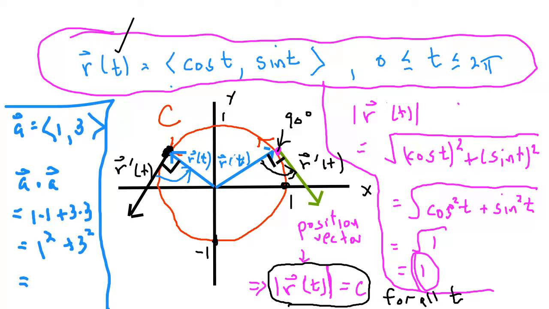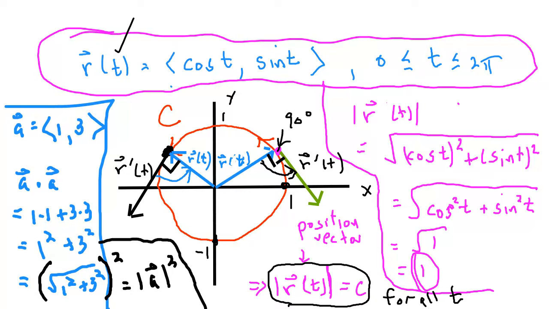That is the square of the square root of 1 squared plus 3 squared, which is the length of A squared. So if you take a dot product of a vector with itself, that equals the length of the vector squared. Okay, that makes sense.